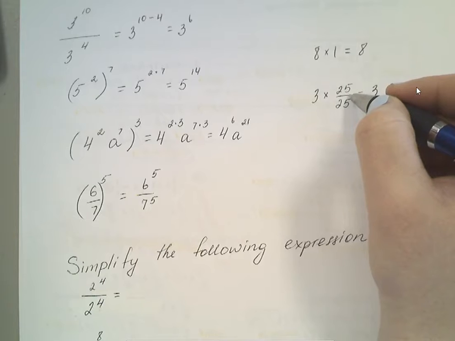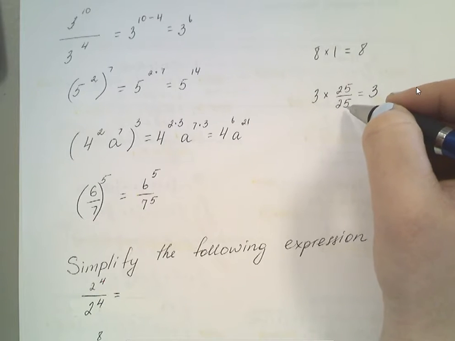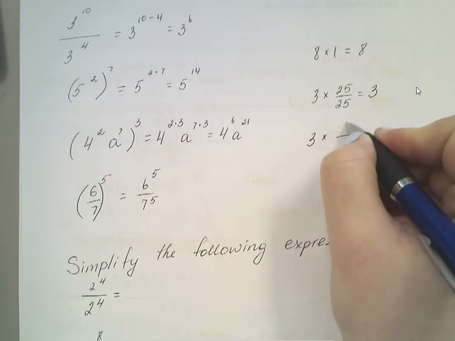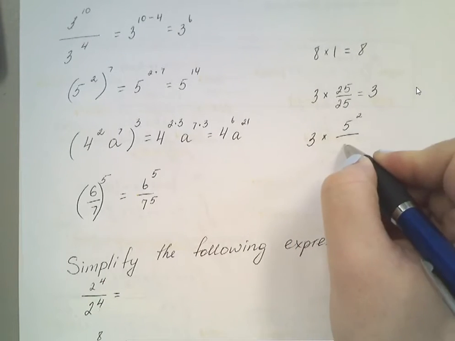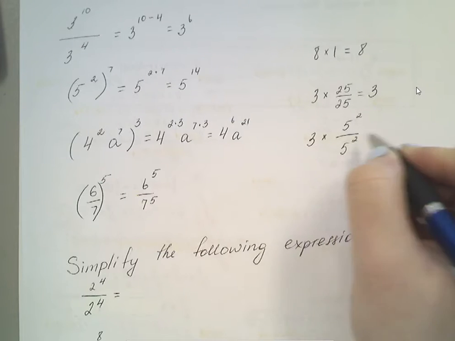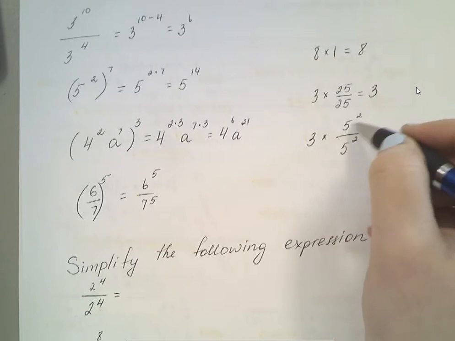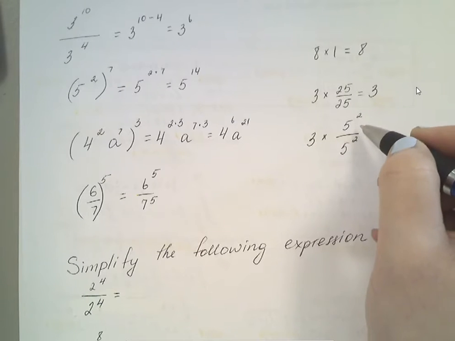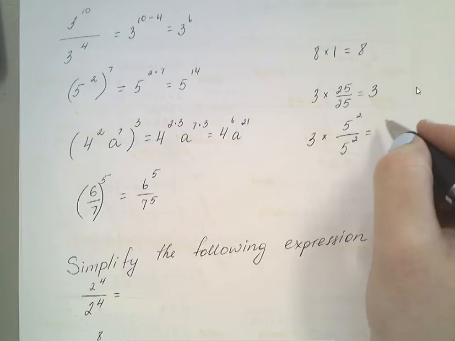What if I change this 25 twenty-fifths and wrote it in exponential form? I will have 3 times 5 to the 2nd over 5 to the 2nd, right? It's still the same one whole, right? Still 25 twenty-fifths, and that is a 3.